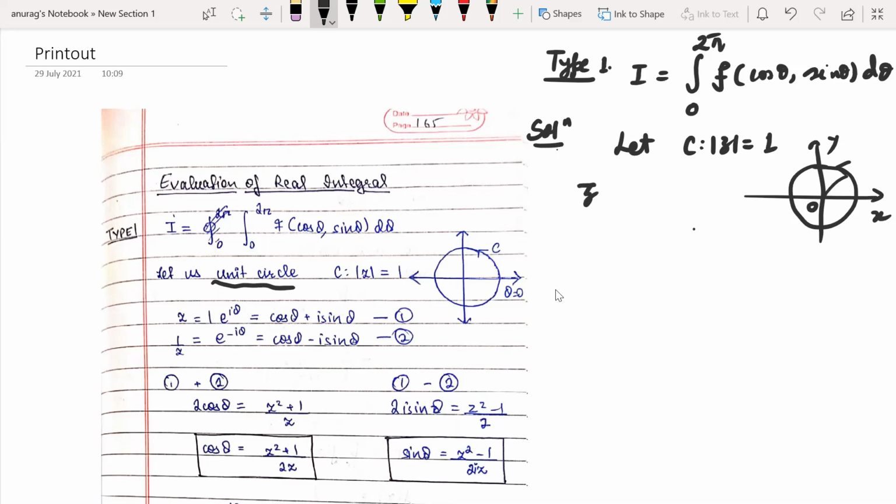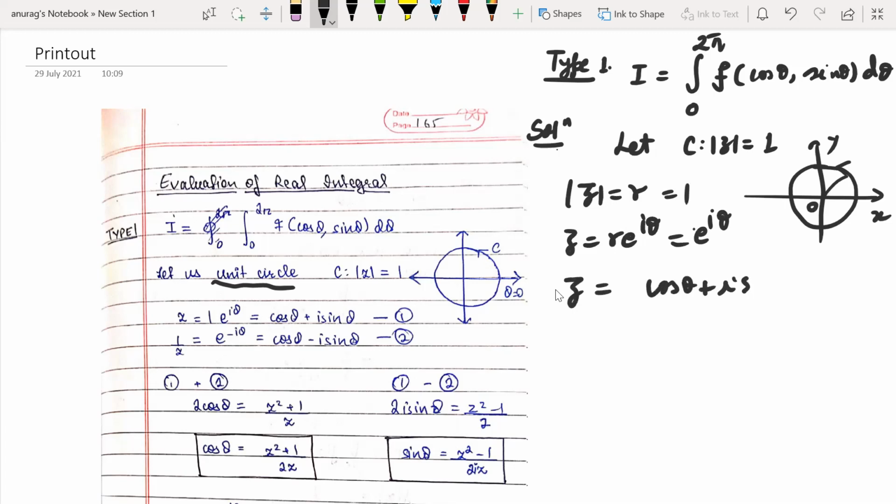And we know that if mod z equal to r, then z equal to r e to the power i theta. Here r is 1, so z is e to the power i theta, which equals cos theta plus i sin theta using Euler's theorem. So 1 upon z will be e to the power minus i theta, equal to cos theta minus i sin theta.